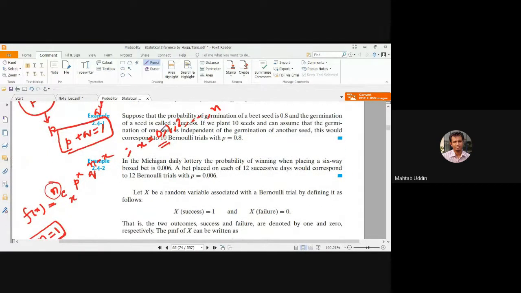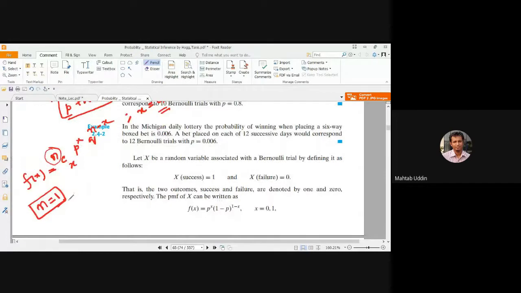If n is 1, that is you're allowed to trial only how many times? One time. Then the probability is nC x with n as 1, so p to the power x, q to the power 1 minus x.